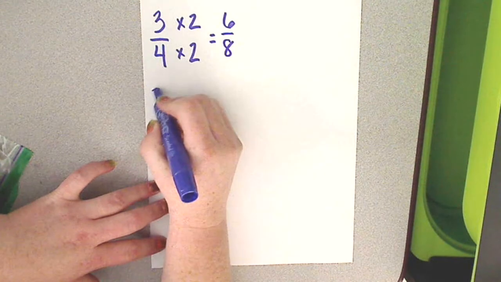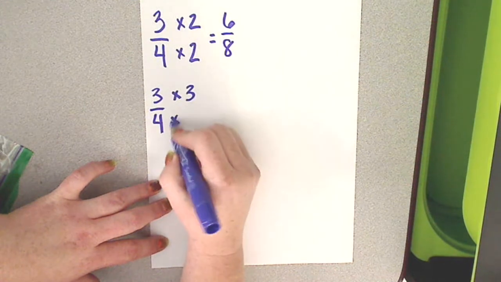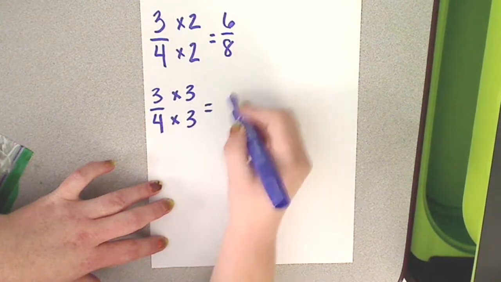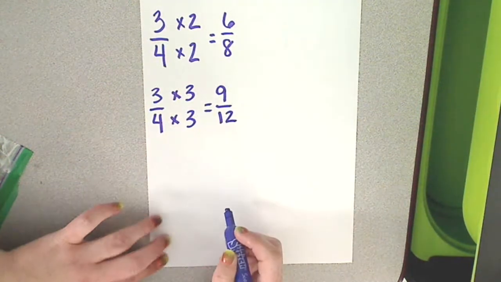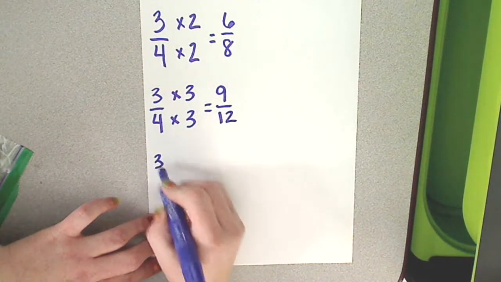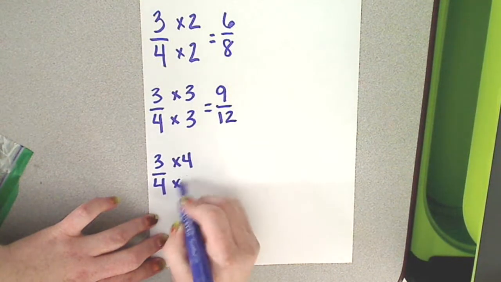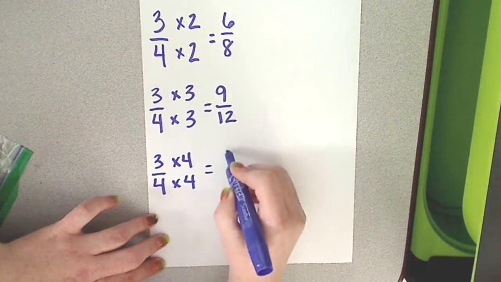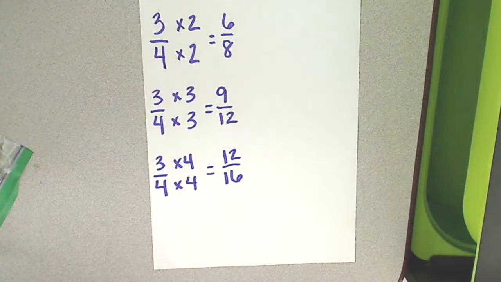I can multiply my numerator and my denominator by 3, and that would equal 9/12. I can multiply 3/4 times 4, which would equal 12/16. All of these would equal the exact same thing.